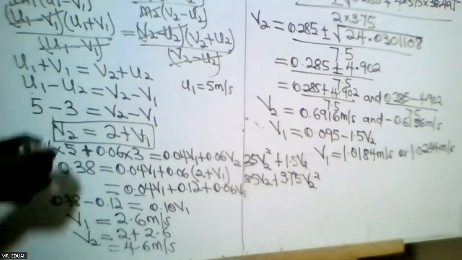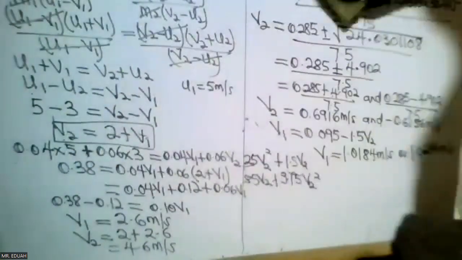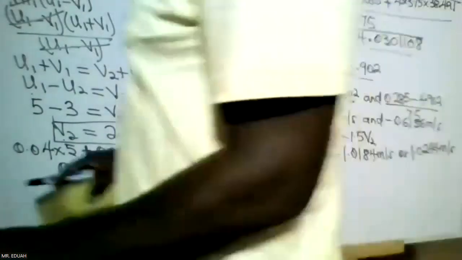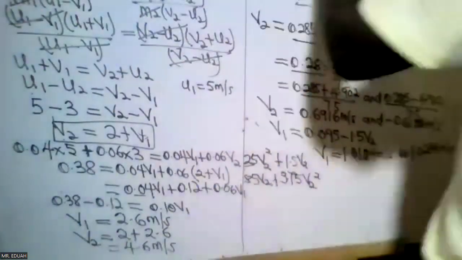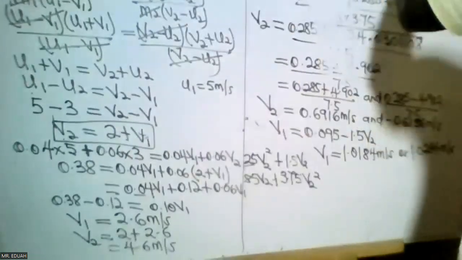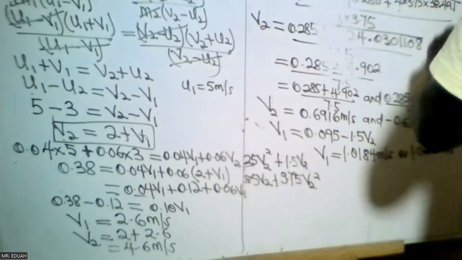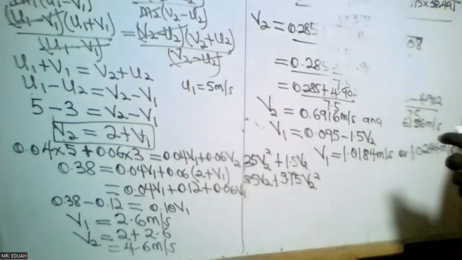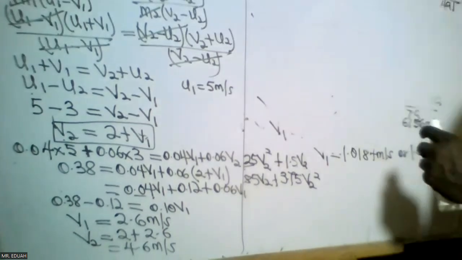Because some of you were not with us, let me use the time to explain. Don't forget, these are for when they are moving in the same direction. When they are moving in the opposite direction, you negate one of them.